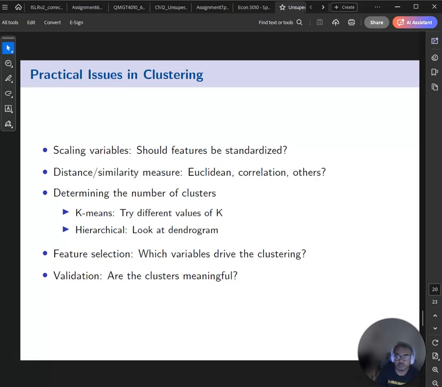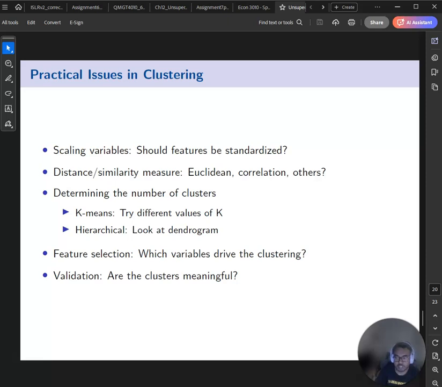Third, how do we determine the optimal number of clusters? For k-means, we might try different values of k and evaluate them. For hierarchical clustering, we can examine the dendrogram. Various quantitative methods exist, like the elbow method or the silhouette analysis, but these should complement rather than replace domain expertise.